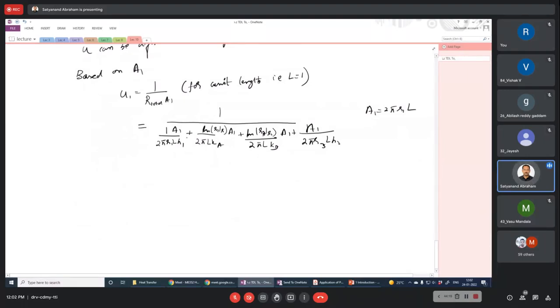Now we are going to cancel this A1 from the denominators. So what will come over here in the first case? A1 is equal to 2 pi R1 L, so we can cancel that. So 1 by H1 plus, here you can cancel 2 pi R1, 2 pi L in numerator and denominator.